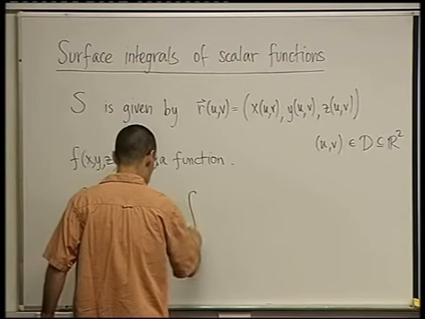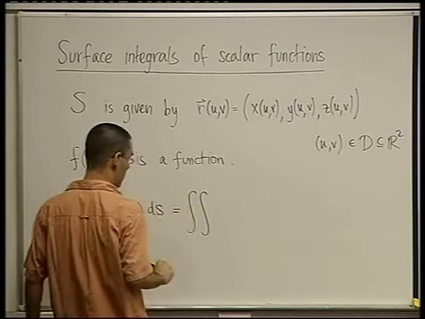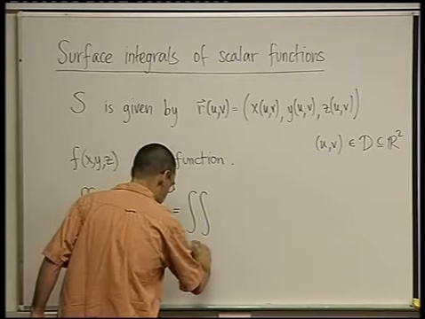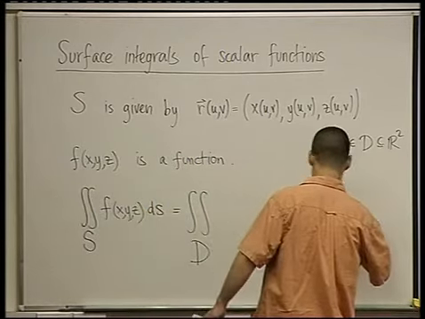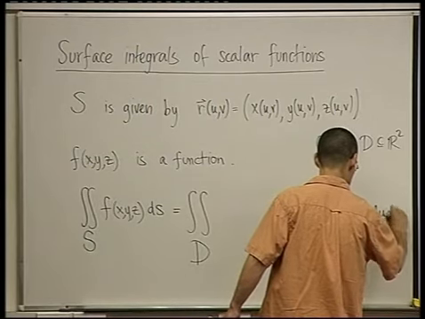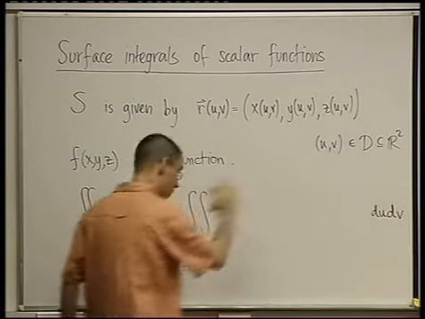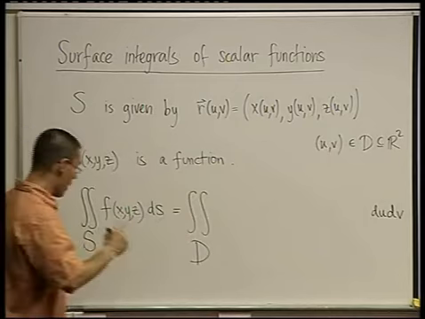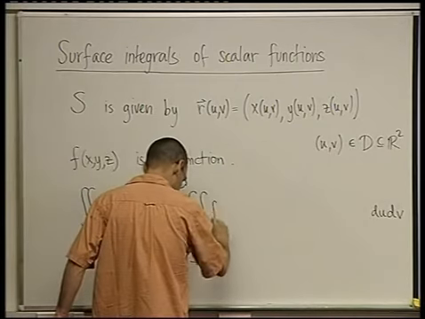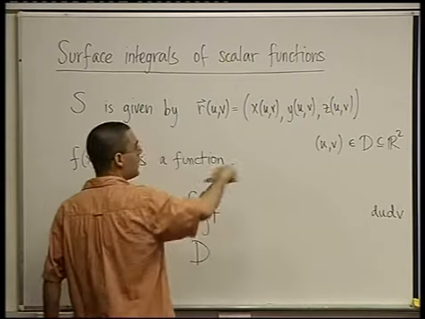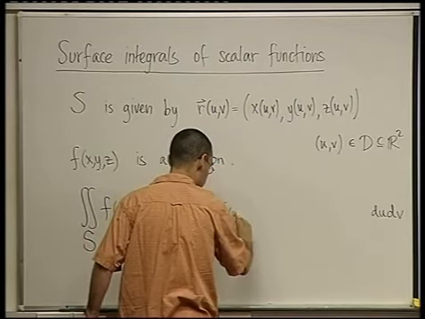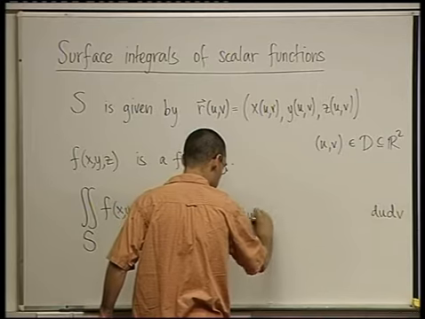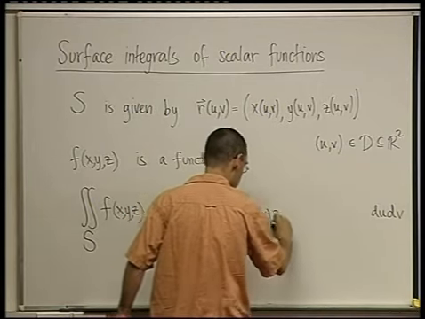the double integral, and now this is a regular double integral, over the domain of the parameters D, du dv. So this is now a good old double integral of the function f evaluated on the parametrization, so f of x of u, v, y of u, v, z of u, v.